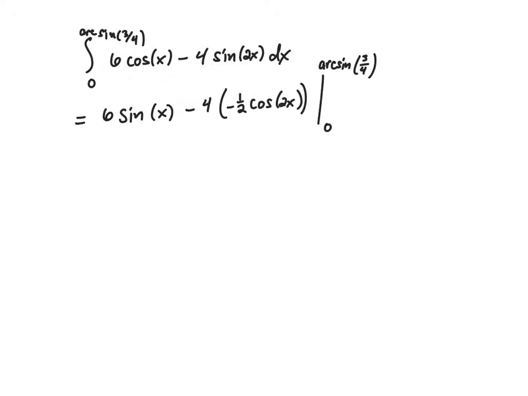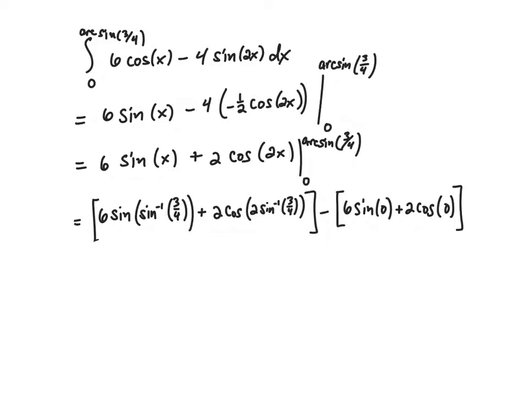If you're doing area between curves, you should know how to handle integrations like this one, I would expect. So now that we've computed this integral and attained this antiderivative, we're going to plug in the arcsine of 3/4 and the 0. So let's see, minus 4 times minus 1/2 gives us a 2.